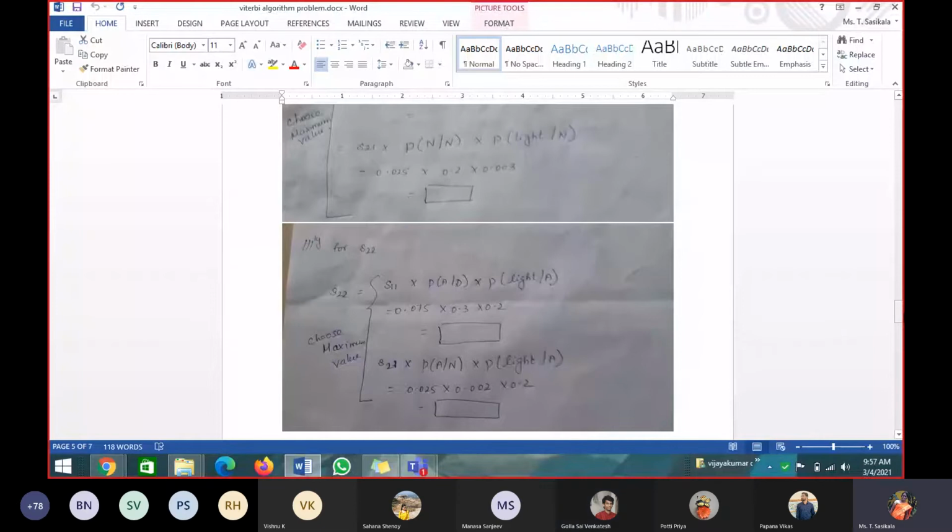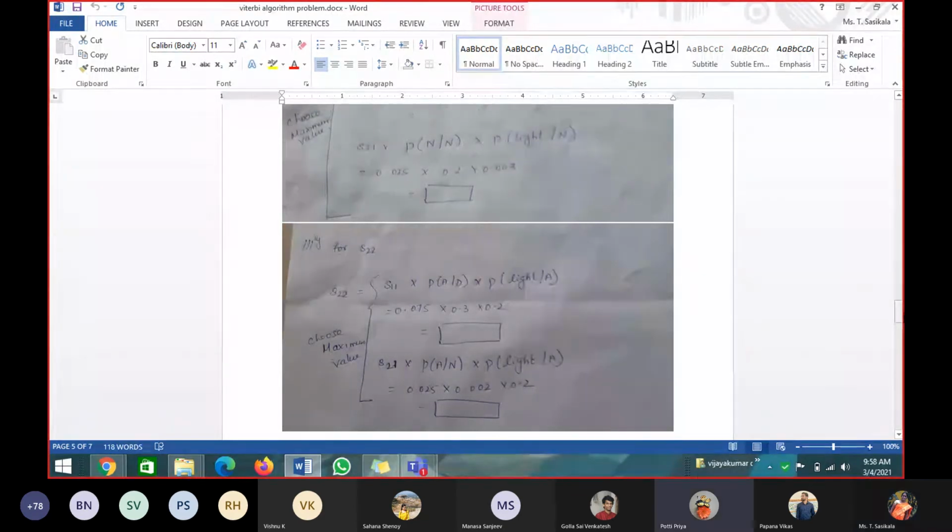Okay. Can you multiply these values and tell me? Two outputs you will be getting. Priya, what are you getting here for the first one, S22?